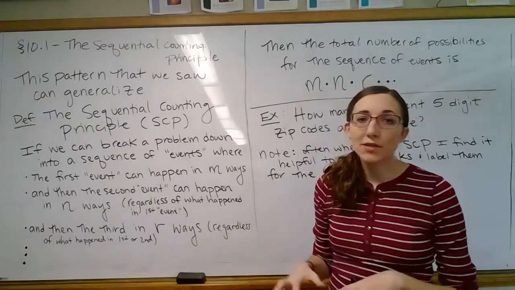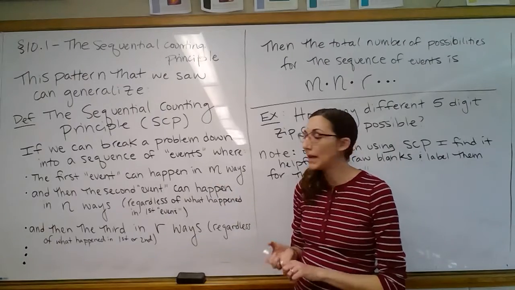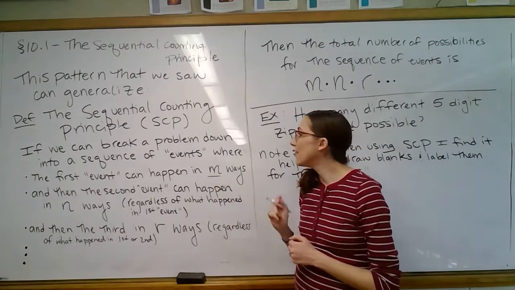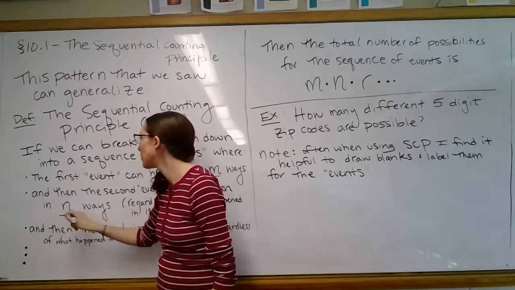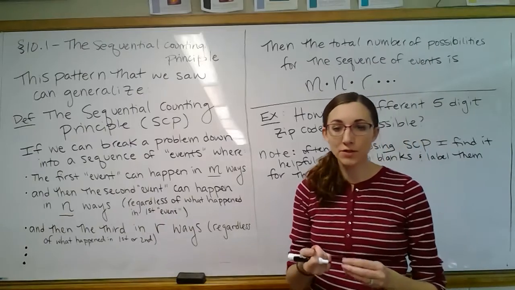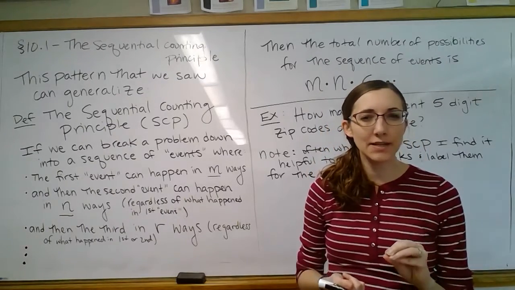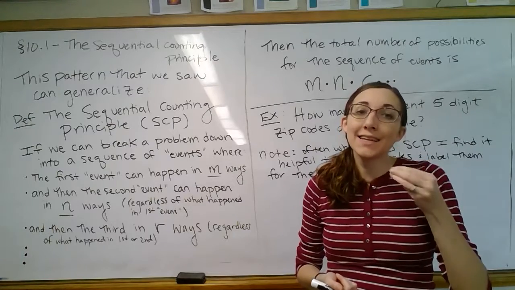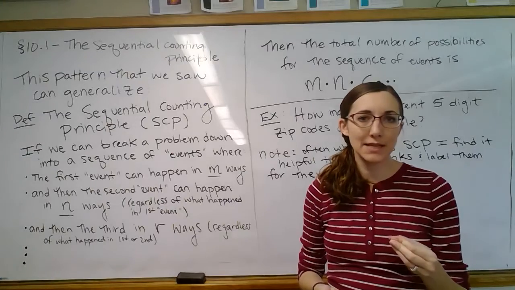And then this sequence of events, we have the first event can happen in M ways. And then the second event can happen in N ways. And that would have to be the same number of ways no matter what happened in the first event, right? Like in the activity example, what that list of options might be might change, but the number of them stays the same.